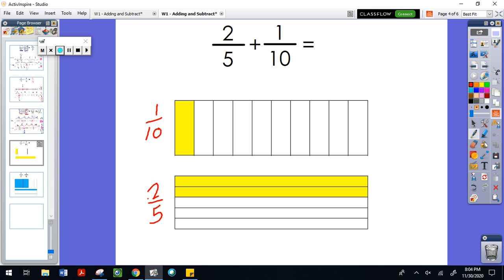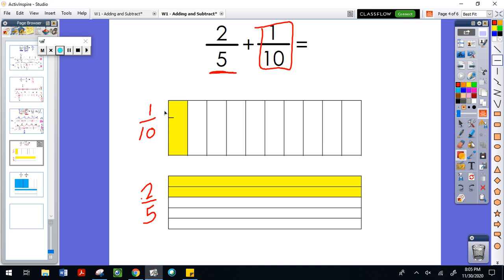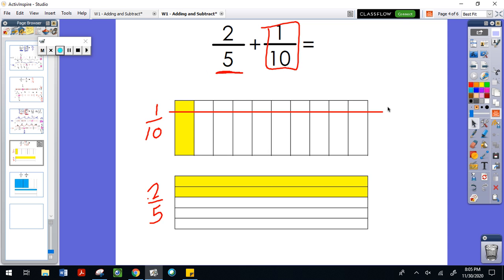All right. So remember that what we're going to do here is take the 1/10 and partition it based on the other denominator, which is 5. So that means that I'm going to draw a horizontal line going across, but I'm going to break this up into 5 pieces.